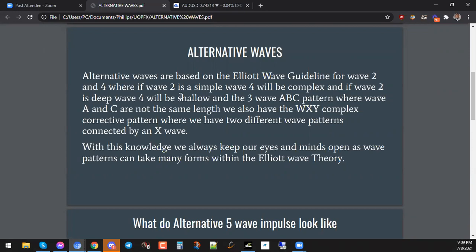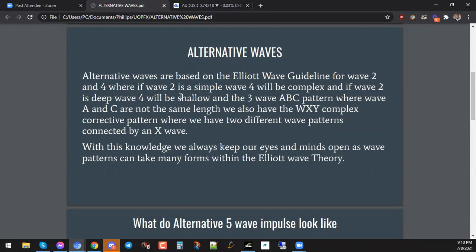One will be complex, the other will be simple, whereas one could be simple, and the other could be complex. So wave 2 could be simple in one case, and in another case, wave 2 could be complex. In a case where wave 2 is complex, wave 4 will be simple. In a case where wave 2 is simple, wave 4 will be complex.